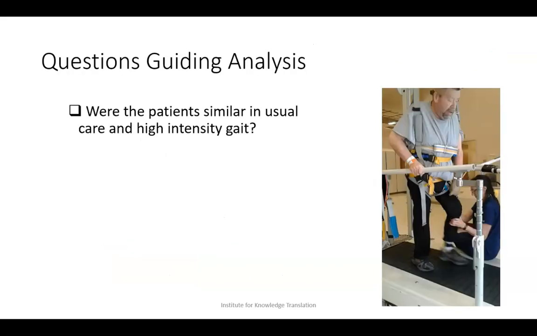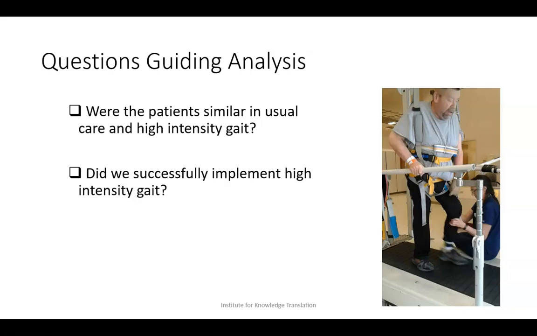So in terms of questions guiding our analysis, we first wanted to understand whether the patients were similar in usual care and high intensity gait training. So before we look at whether or not outcomes could be potentially different, were they all similar when they started? If they were similar when they started, were we successful at implementing the high intensity gait training?